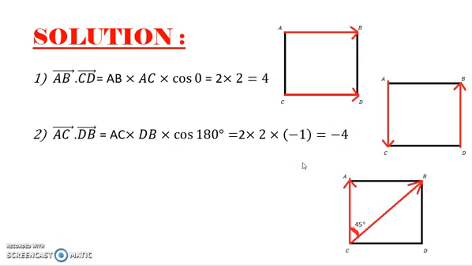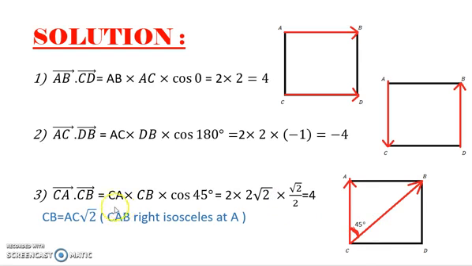In the third question, we need to find the dot product of the two vectors CA and CB. We find that the angle between these two vectors is equal to 45. Then the dot product of CA dot CB is equal to CA times CB times cosine 45. We know that CA is equal to 2, and we need to calculate CB.